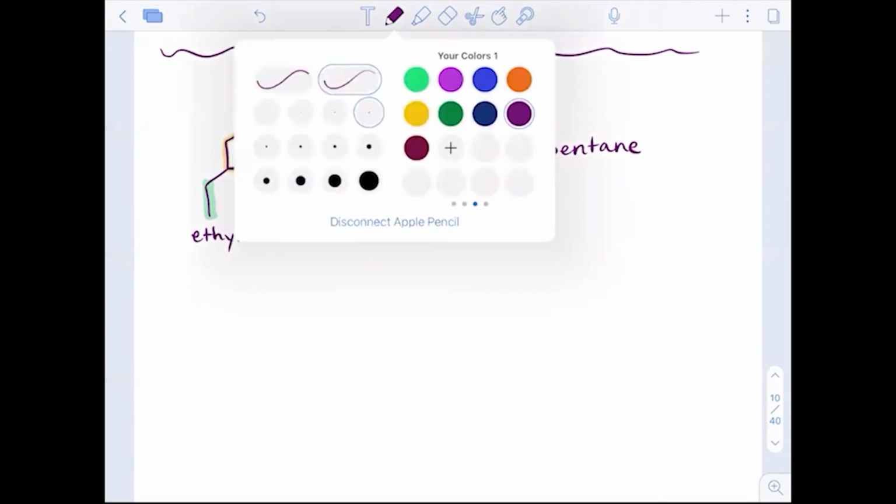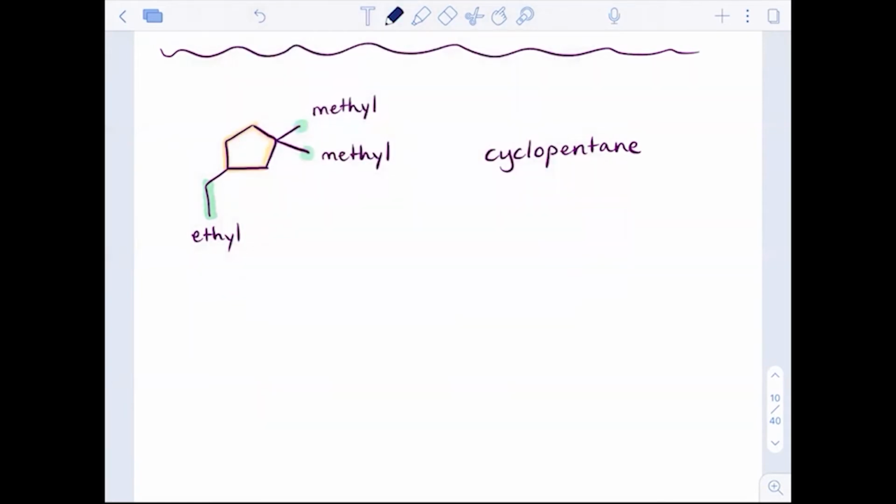I try to find the numbering system that results in the lowest number possible, right? Lowest number possible for simplicity, being able to find that lowest number possible so that I can truly understand and communicate where my substituents are.